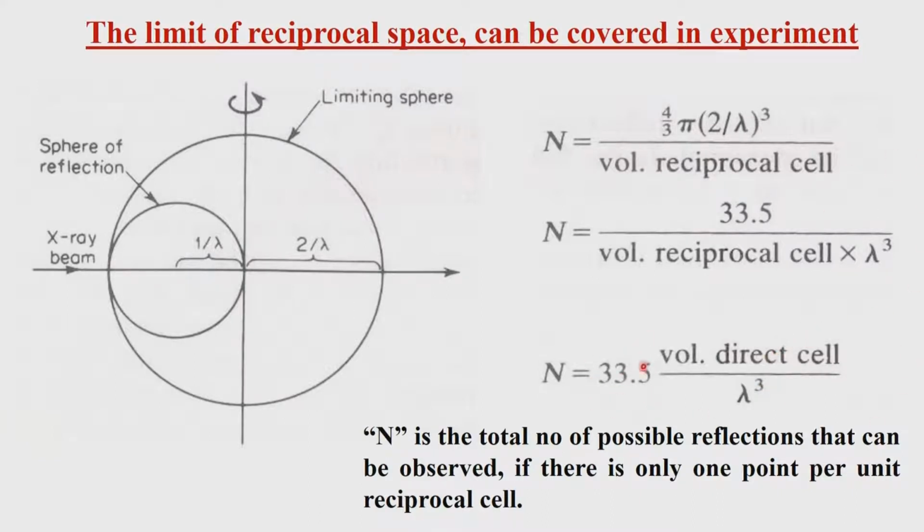So 33.5 times the volume of the direct cell divided by lambda cubed. If you calculate that, the value of n turns out to be 14,700. So it means that we can measure 14,700 reflections in principle if we use the copper K alpha radiation in a unit cell with 8 by 10 by 20 as the unit cell dimensions.